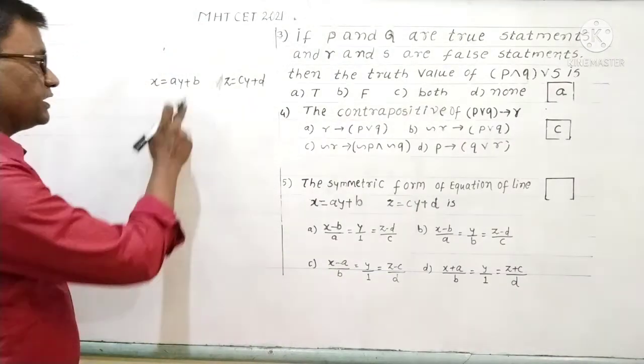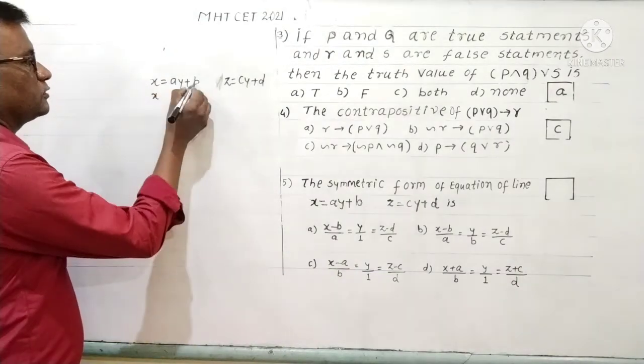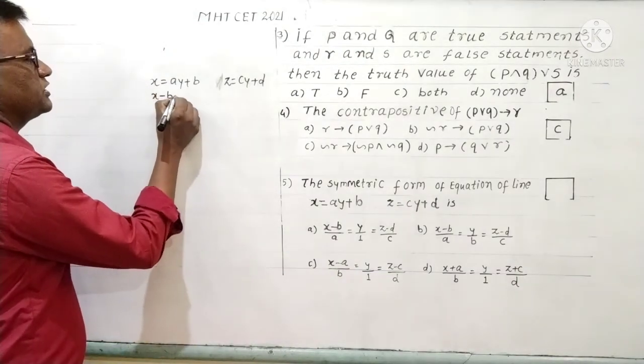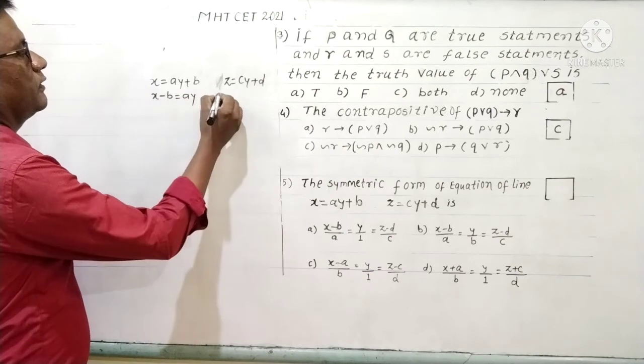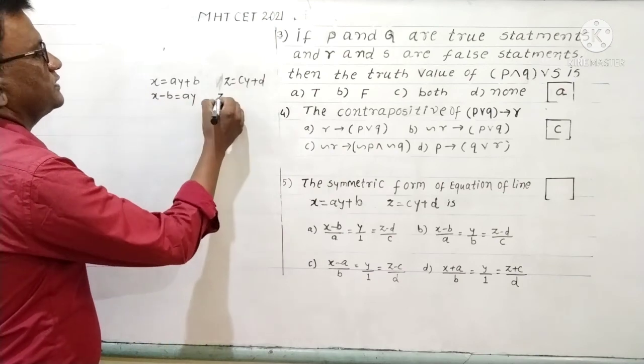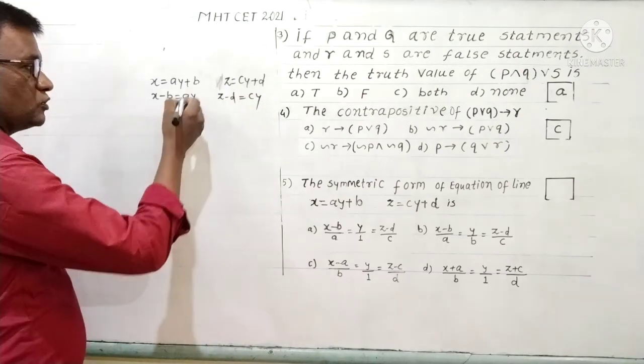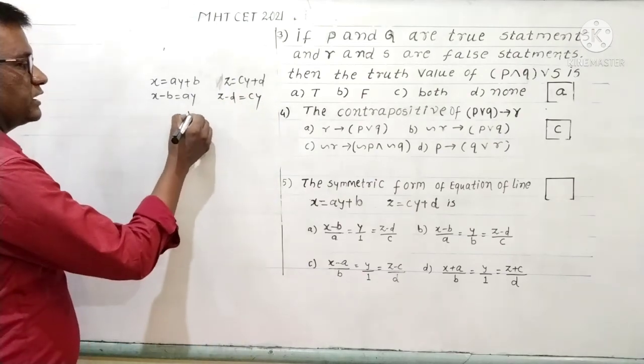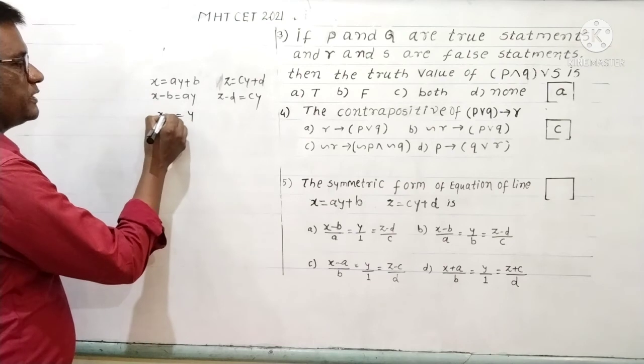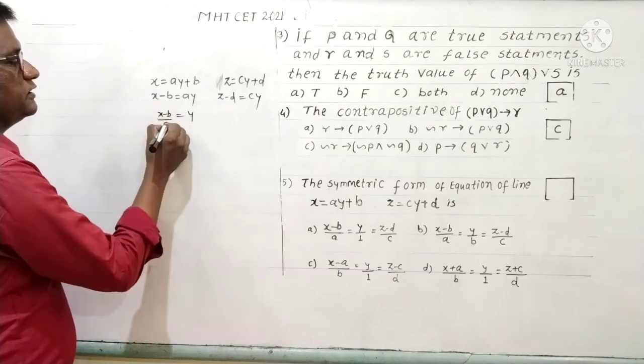How will we write? Take this b to the RHS, it becomes minus b. So x minus b is equal to ay. So from this we can write y is equal to x minus b, divided by a.